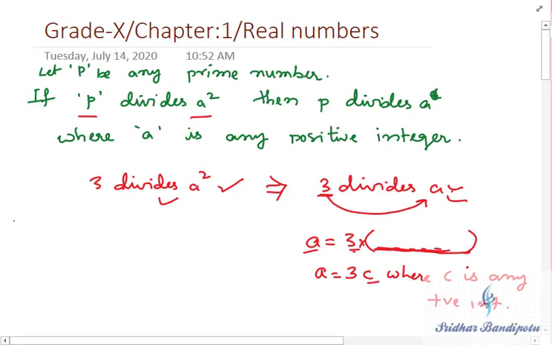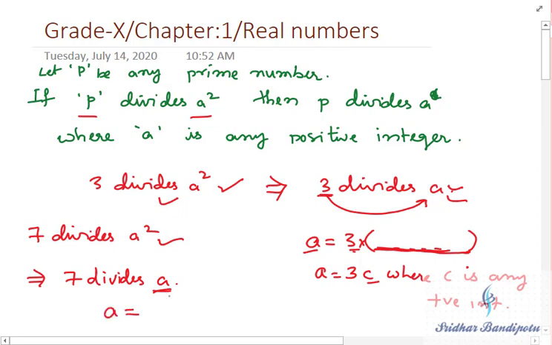Okay, let's take one more example. If 7 divides a square, then we can write that 7 divides a. Then a will be 7 into d, where d is any positive integer.